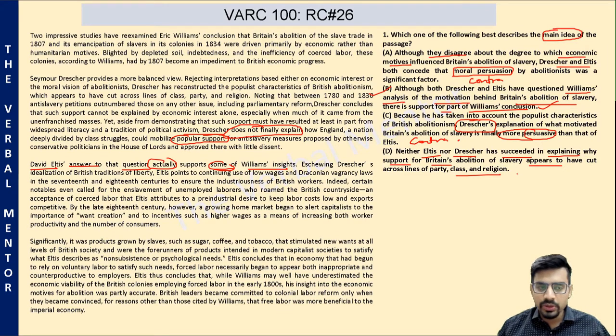This is again contradictory to what the passage says, because Drescher could not explain it, but David Eltis has answered it. His answer to that question, the author says, actually supports Eric Williams' analysis. So he has explained why there was popular support, why everybody supported anti-slavery measures or abolition of slavery. So option B.